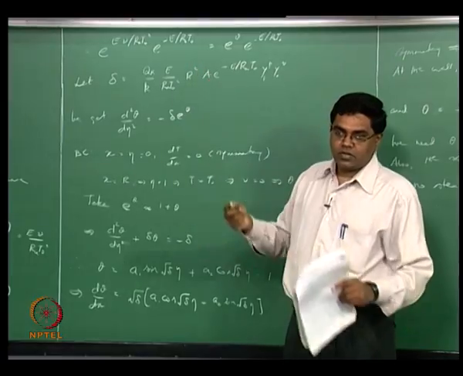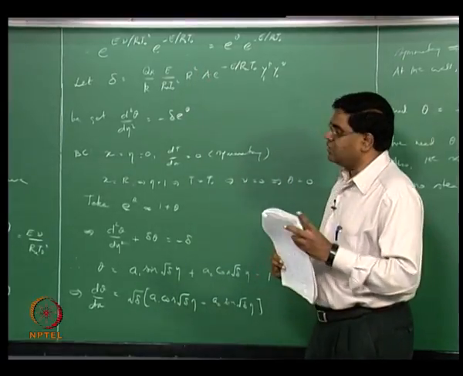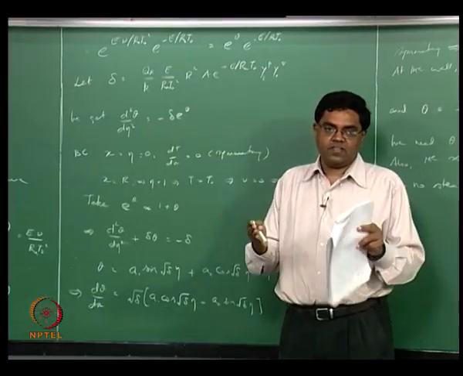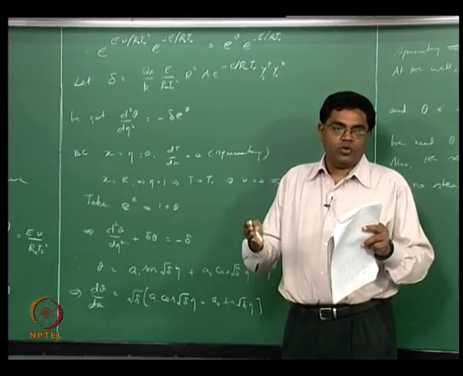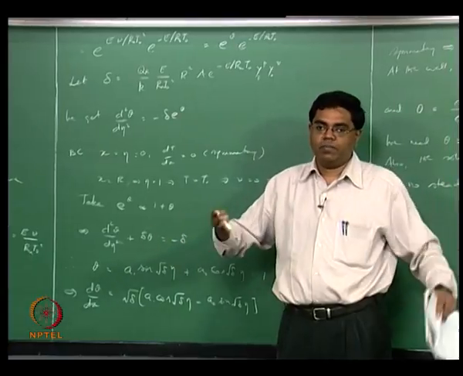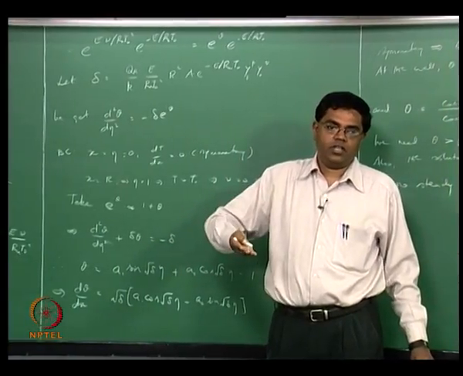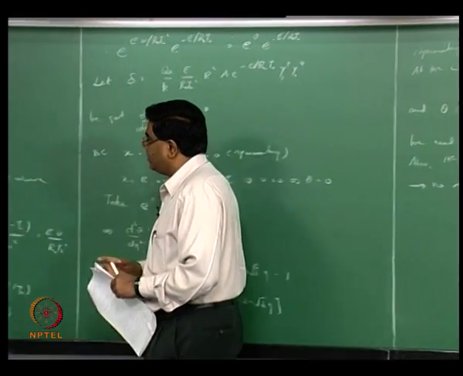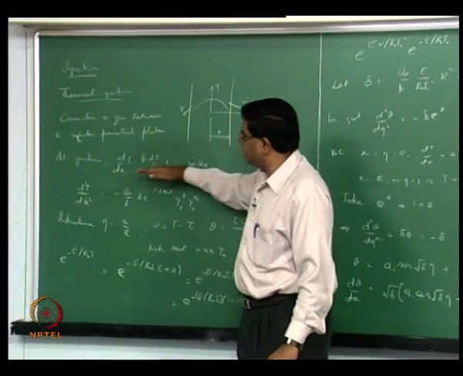So long as your size is less than a certain critical value, you are going to have more loss when compared to the heating by the chemical reactions. And at ignition, what we are saying is this equality happens.